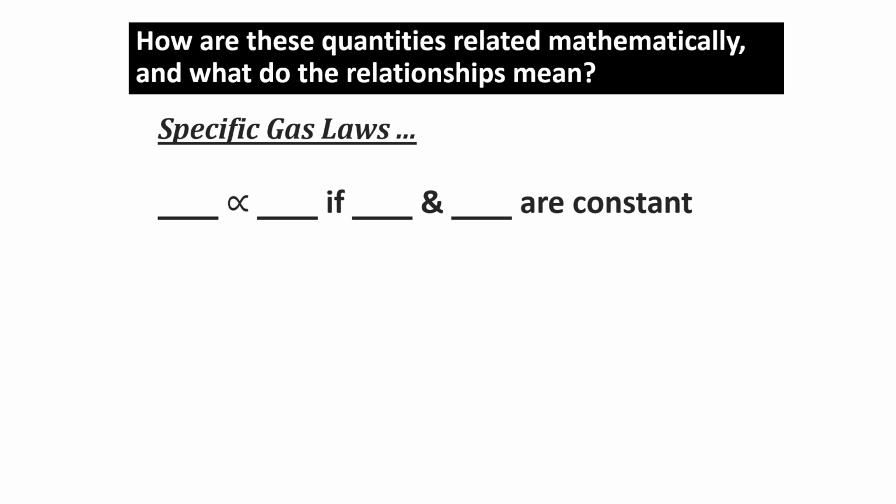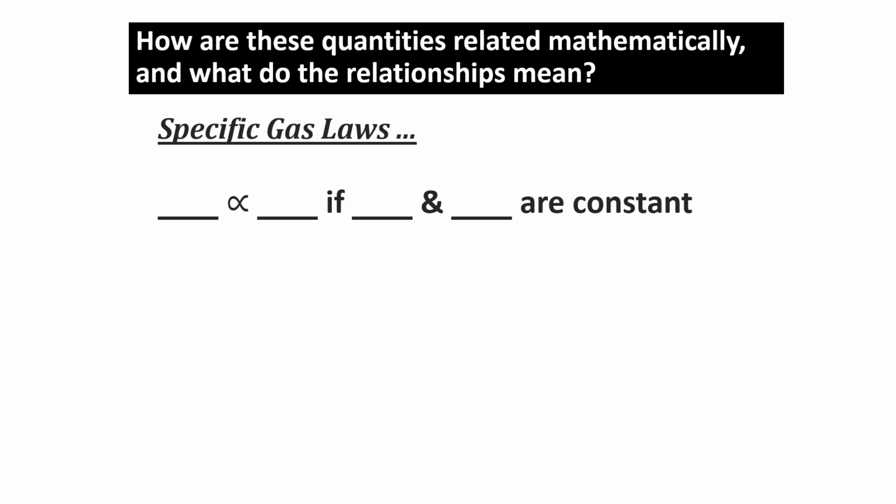If they're on the same side of the equation, for example P and V, they are inversely related. That means if one goes up, the other must go down. Because if you assume everything else on the other side of the equation is a constant, the variables on the same side have to balance out each other to make the other side constant.